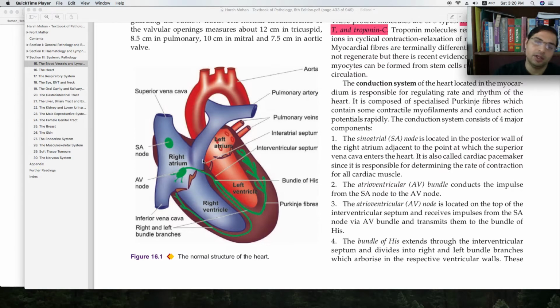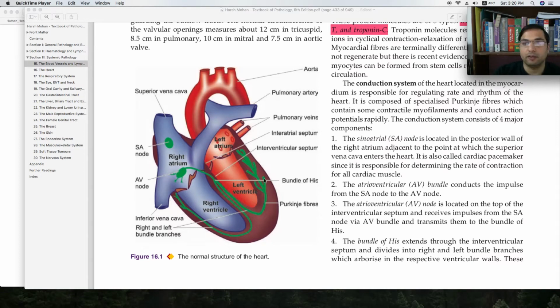So the heart is also divided into many planes. One we have already discussed: the superior, where the atria lie, and the inferior, where the ventricles lie. Apart from this, it has a lateral wall. Lateral wall means the side wall. So here it is the lateral wall of the heart.